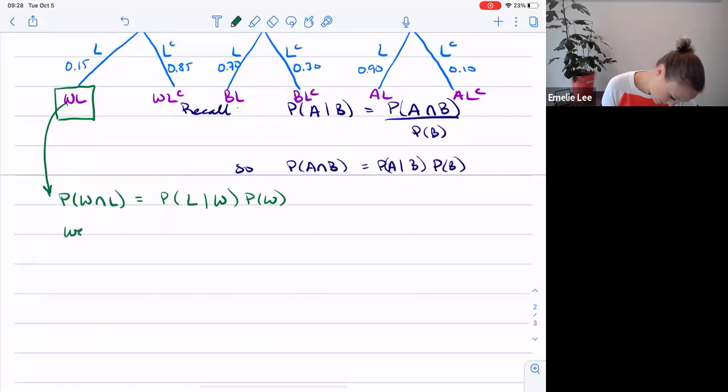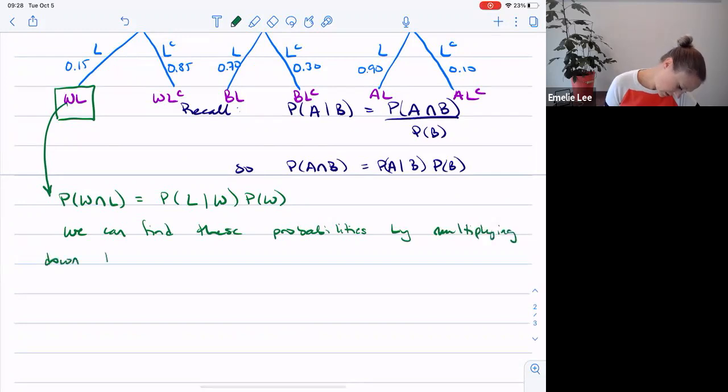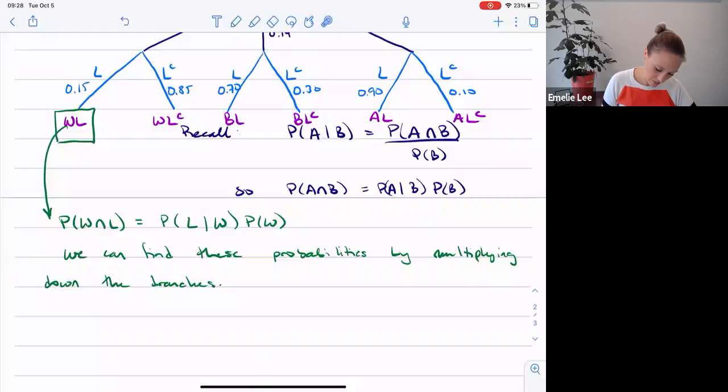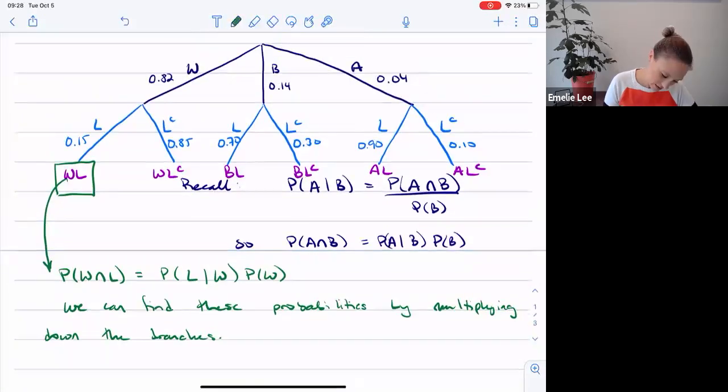So we can find these probabilities by multiplying down the branches. Okay. So now if I talk about W and L, then I can find these probabilities, and I guess I should scoot this somewhere.